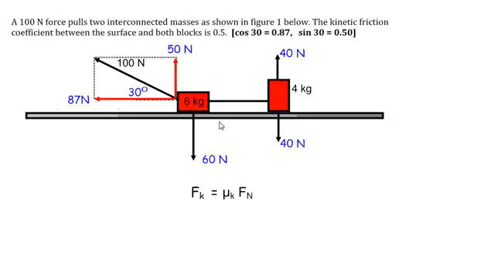Okay, so looking at the 6 kilogram mass, we also have a gravitational force found by the mass times g, which is 60 newtons, but the normal reaction force is not 60 newtons in this case. Why? Because the applied force has an upward component of 50 newtons, thereby lifting the mass up with a force of 50 newtons.